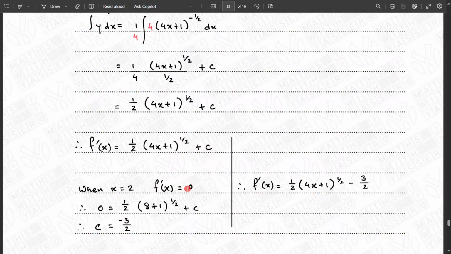So we simply substitute these two values into the equation, and we get 0 equals half, and 4x will become 4 times 2, so 8, plus 1 to the power half, plus c. That will give us c to be minus 3 over 2. So the equation of f prime x should be half of (4x plus 1) to the power half, minus 3 over 2.